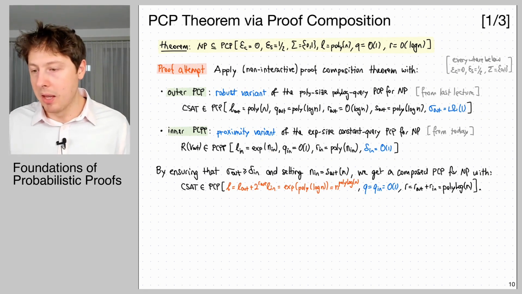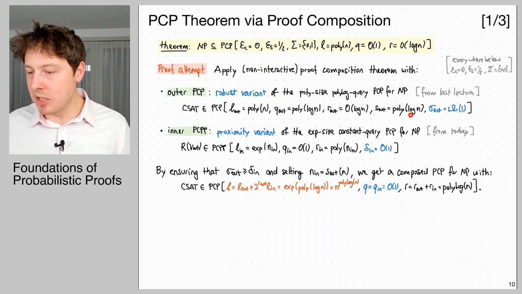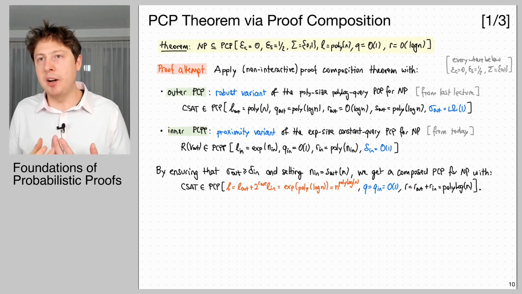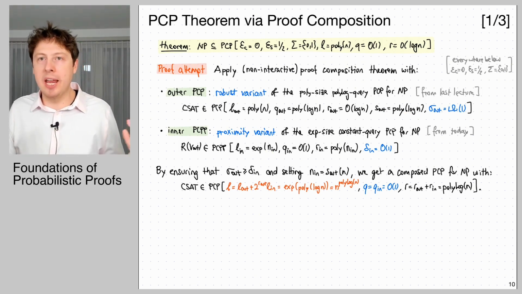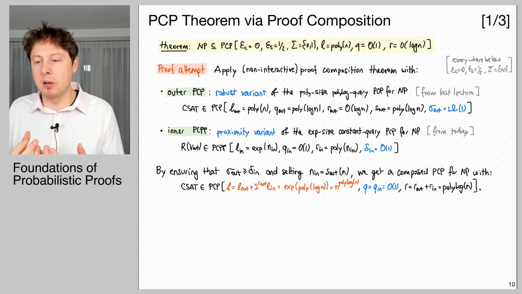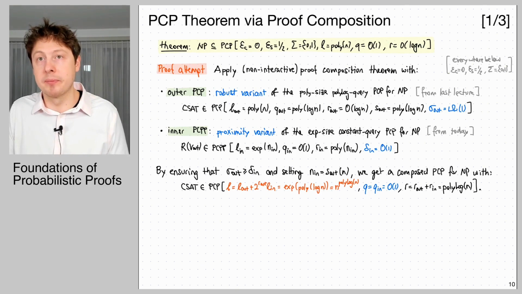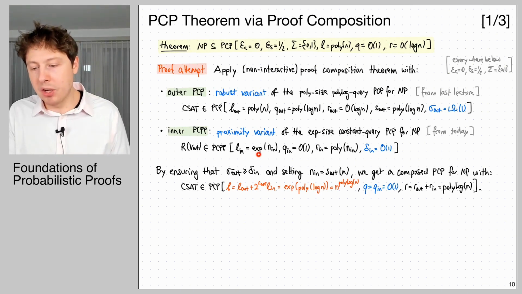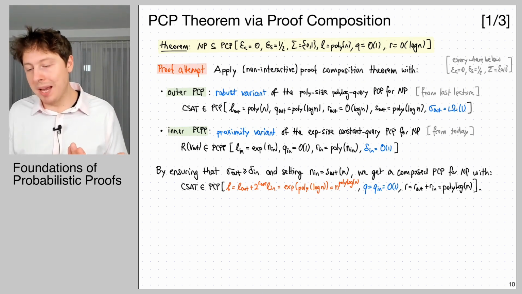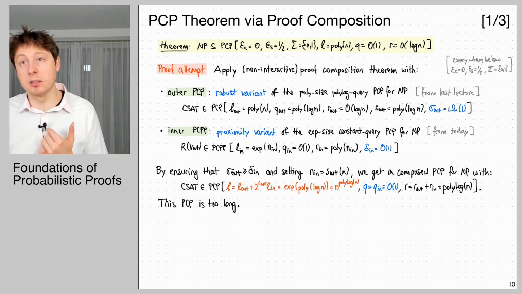Now the outer one has state size that is polylogarithmic, because the outer verifier is thinking about a polylogarithmic number of queries. So the instance size of that problem is of polylog size. If we pay exponentially in that, we're going to get a proof that is n to the polylog n, which is not polynomial. We're going to get constant query complexity, but this PCP is too long.